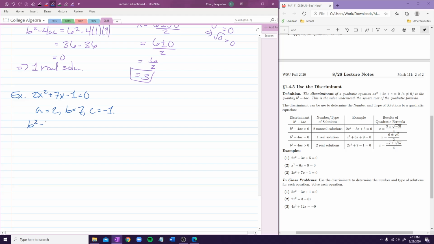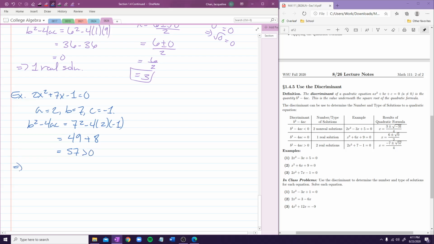For b squared minus 4ac, this is 7 squared minus 4 times 2 times negative 1. 7 squared is 49. Negative 4 times 2 times negative 1 is a positive 8. So 49 plus 8 is 57, which is definitely positive.